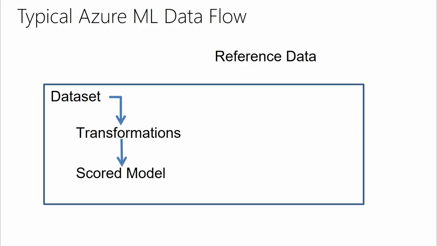So reference data could be things like look up a customer's name given their account number, or look up the city given some sort of reference code, maybe a zip code or something like that. There's lots of possible things that reference data can mean.